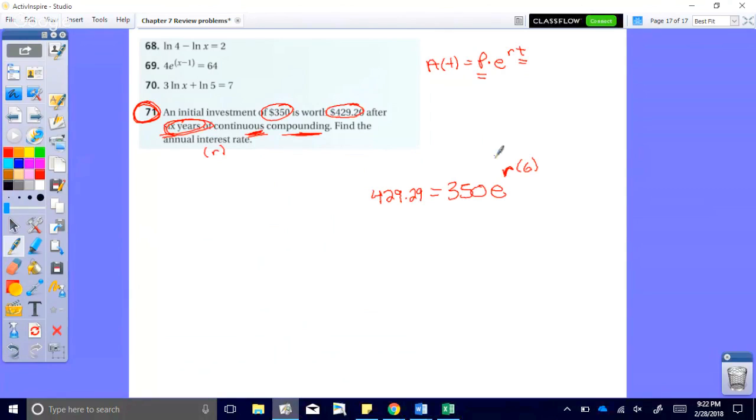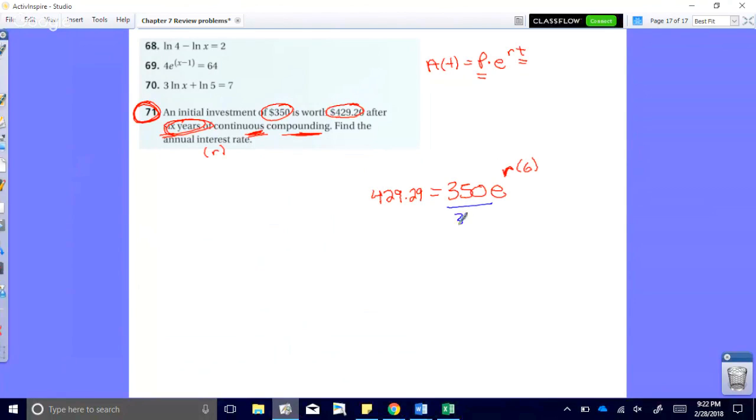So we're going to isolate. So the first thing I'm going to do is divide by 350. So I'm going to take 429.29 divided by 350. And I get 1.2265, blah, blah, blah.